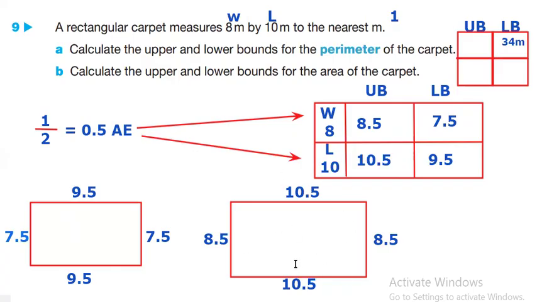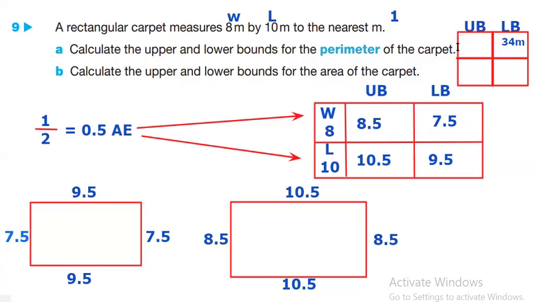So I'm going to take 10.5 plus 10.5, because I have two 10.5s, and 8.5 plus 8.5. And I will get 38. So the upper bound of perimeters is 38.